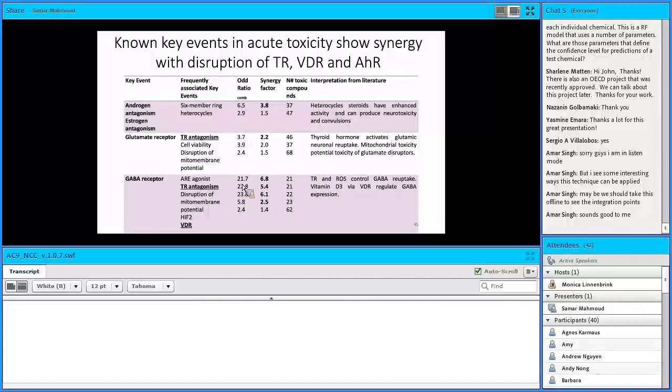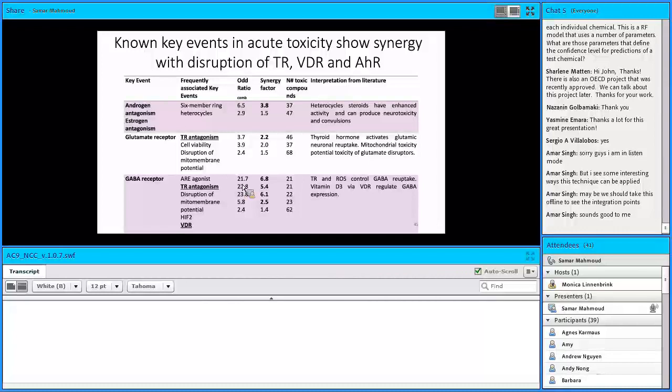Another interesting example is the glutamate receptor and the GABA receptor. These are two commonly known key events in acute toxicity, and both have been synergistically linked with thyroid hormone receptor antagonism. The combination of a compound disrupting the glutamate receptor or GABA receptor and antagonizing the thyroid hormone receptor has shown a strong link and a strong likelihood of acute toxicity.